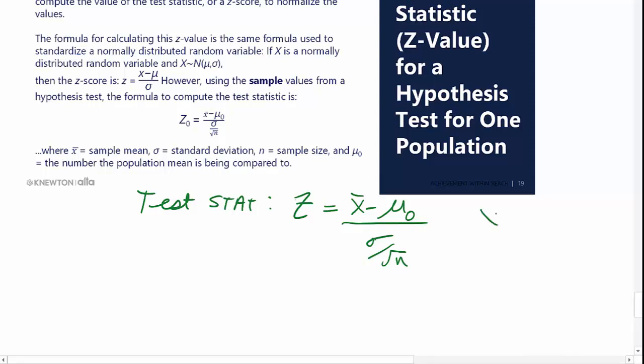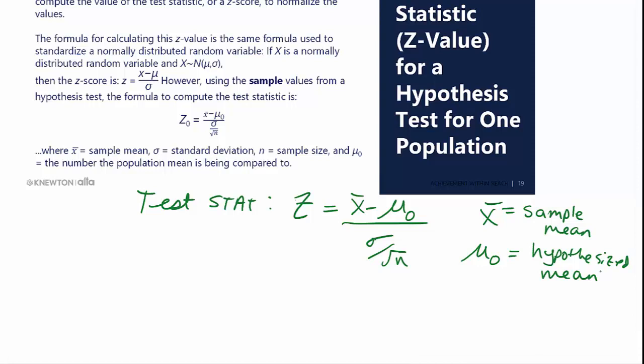Okay, so what's x bar? X bar is your sample mean. Mu naught is what we refer to as your hypothesized mean. All that means is that mu naught is the number that you grab from your hypothesis.